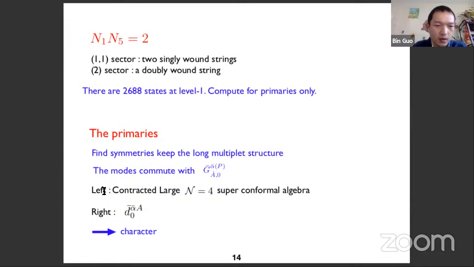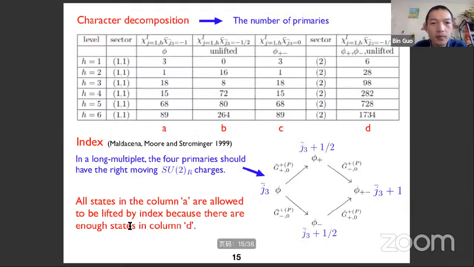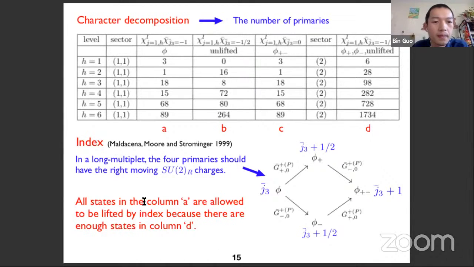For the left mover, it is the contracted large N=4 superconformal algebra, and for the right mover, it is the global D0. We can use these symmetries to generate the character for each primary. Then we can do character decomposition.